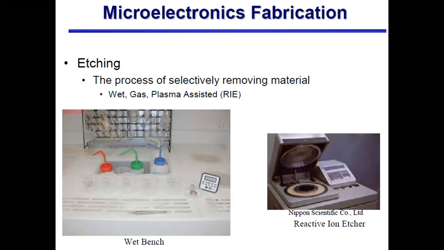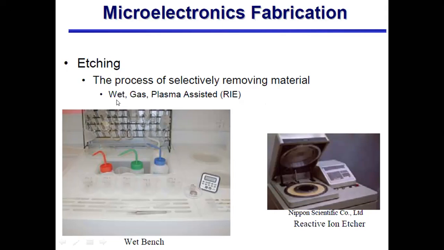We want some portion of the layer to stay on the substrate, whereas we want some portion of the layer to be etched. The process of selectively removing material is known as etching. In this process, we remove some portion of the material that we have already deposited on the wafer.